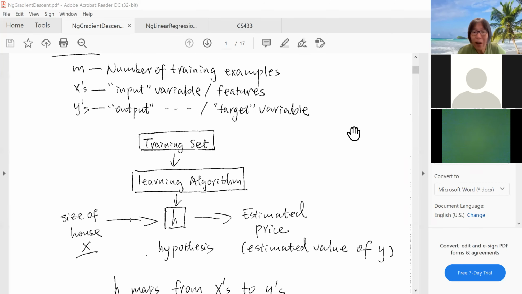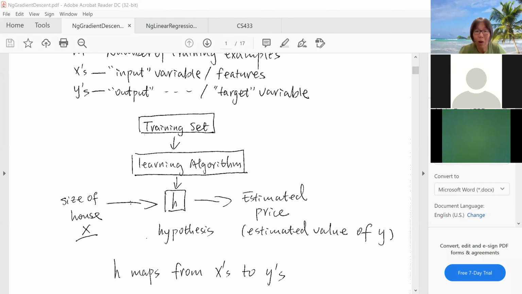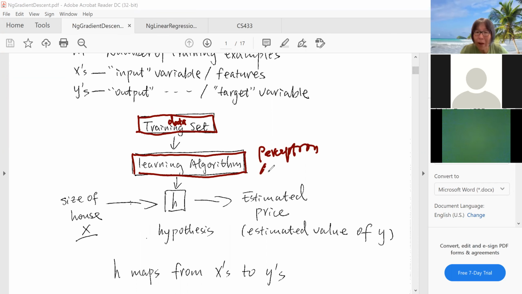The general idea for machine learning is you have some training sample set, which is the data set. Then you apply some learning algorithm. Previously we learned the perceptron and Adaline; today we will learn linear regression.